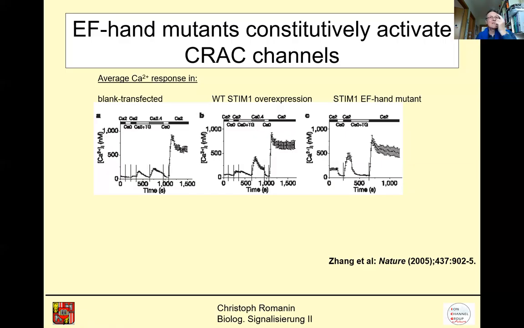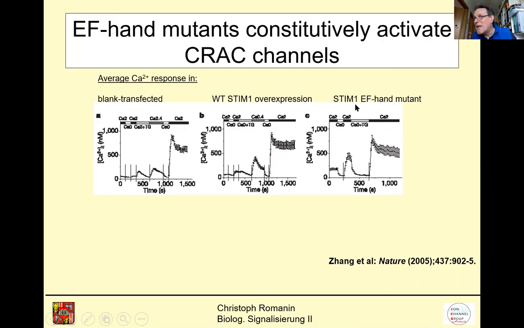That can be done because the EF hand contains negatively charged amino acids for binding of calcium. And it is well known that one or two of these negatively charged amino acids only need to be neutralized, for instance by alanines, to switch from a structure in the EF hand that can bind calcium to a structure that is not able to bind calcium anymore.